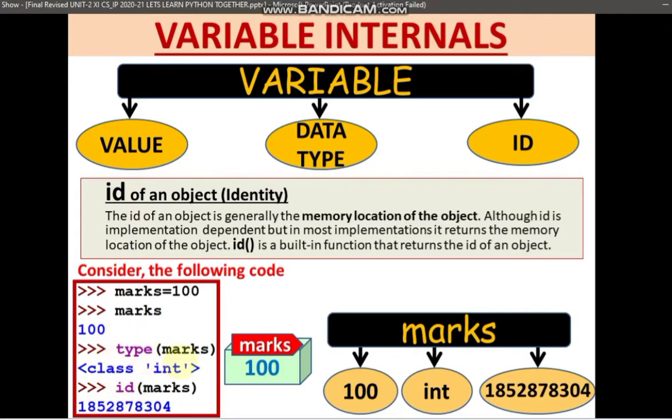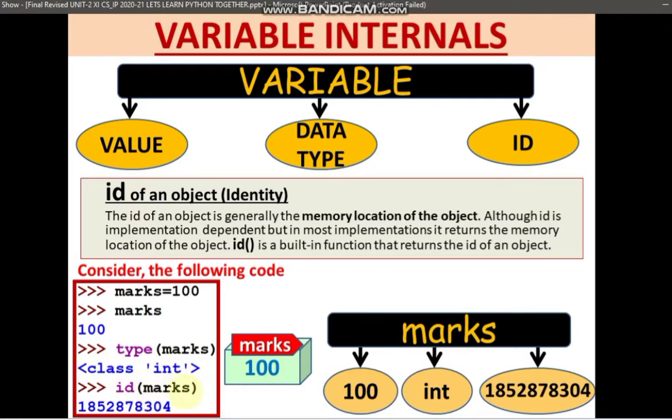Type function will return what data type the variable is. So since marks equal to 100, you have given an integer value to marks. That is why when you are printing type of marks, it is giving you integer data type as its class.